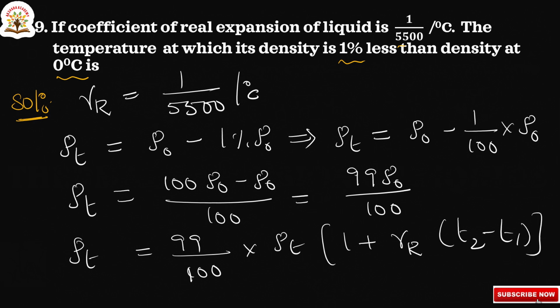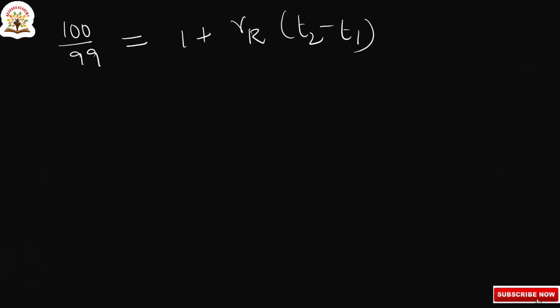So here rho naught gets cancelled. In the next step, taking the reciprocal, 100 by 99 equals 1 plus gamma R of (T2 minus T1). So this can be written as gamma R of (T2 minus T1) equals 100 by 99 minus 1.